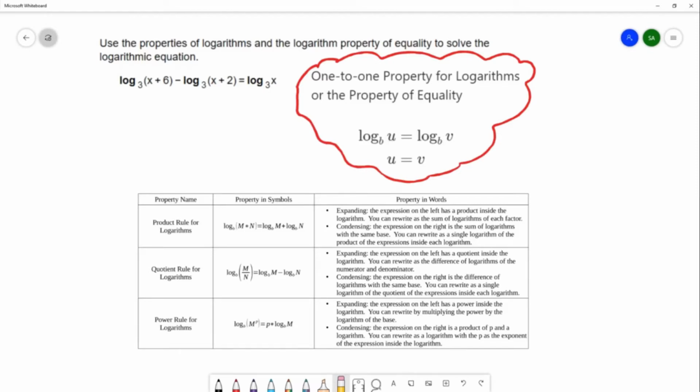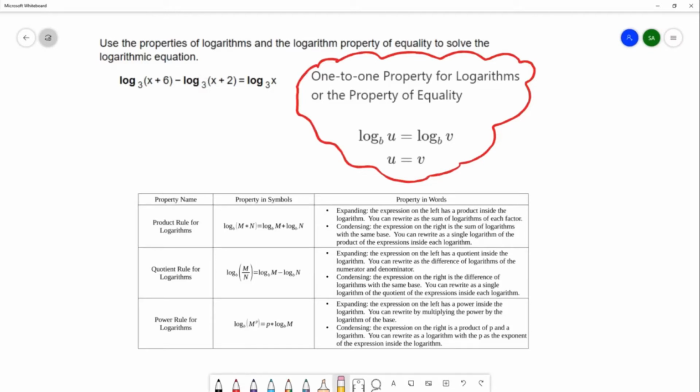So we need to resolve having multiple logs on the left-hand side here. And that's where these properties that I have down on the bottom come into play. These are log properties that we can use for either expanding or condensing. In this case, we want to condense. We have multiple logs, and we want to condense them into a single log.